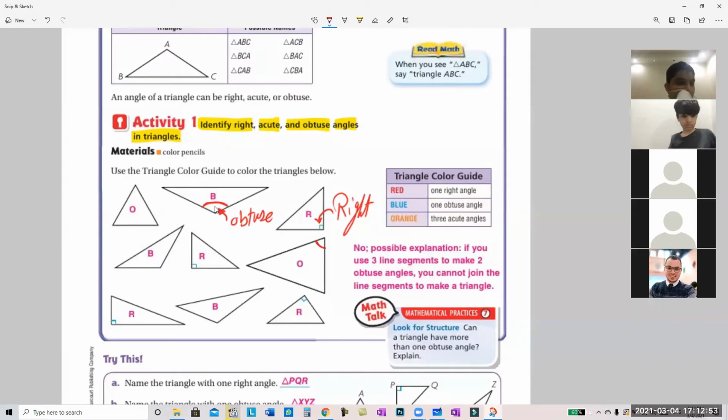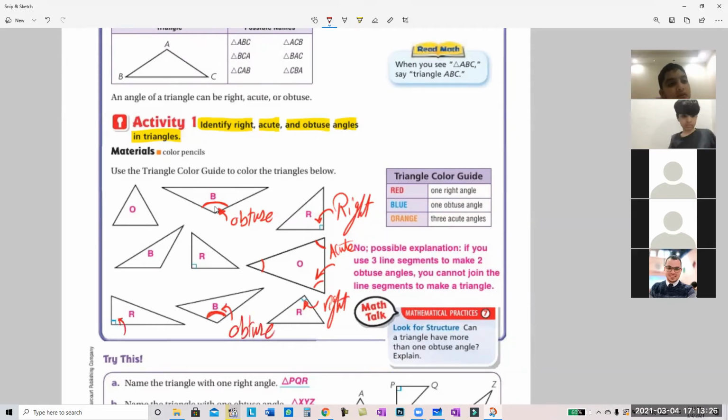And we have here, this is acute angle, and this is acute, and this is acute. So all the angles are acute, so it will be acute triangle. And the next one, we have a square corner, so it will be right triangle. And we have here a big space angle between the two rays, so it will be obtuse.